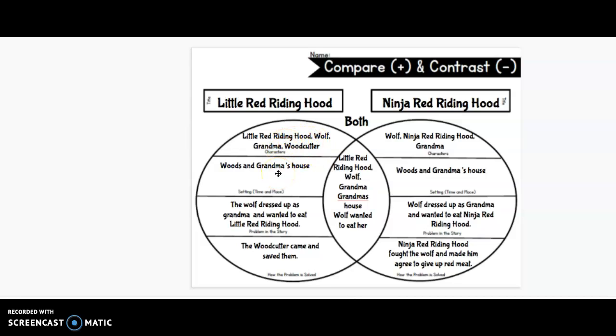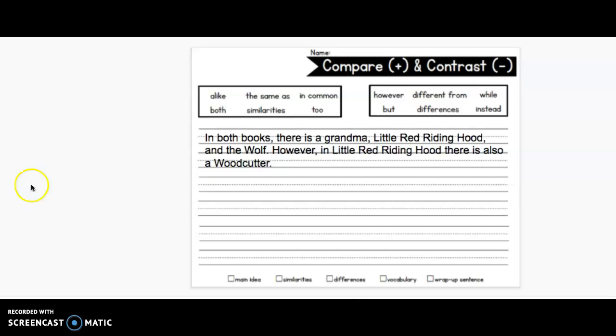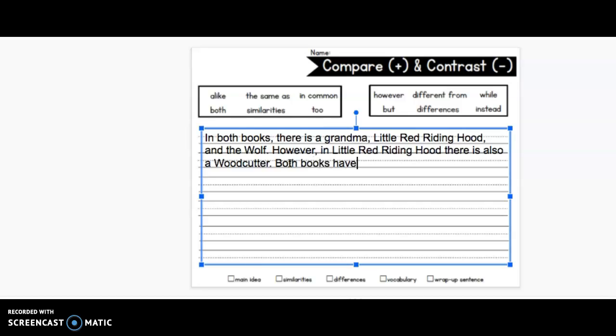Okay, now I'm going to go to the setting. I'm going to look at another word. Okay, let's use in common this time. The setting, both books have the setting in common.